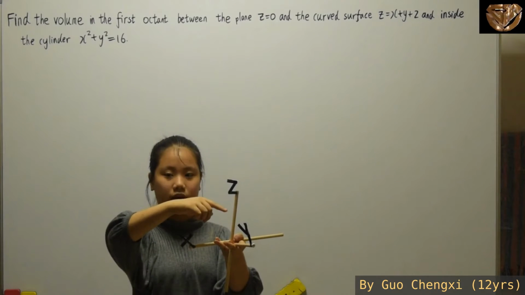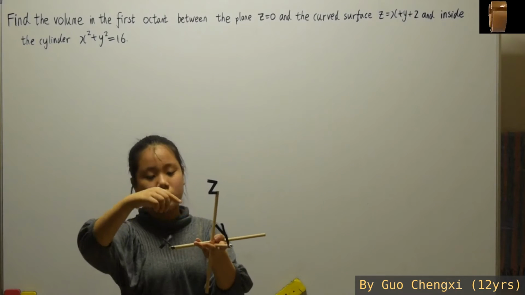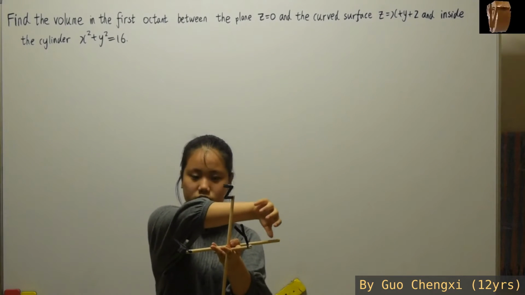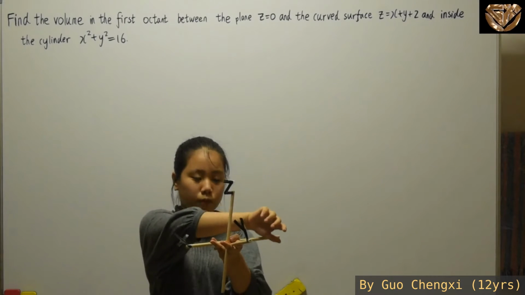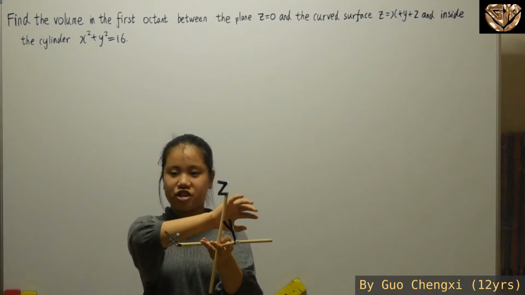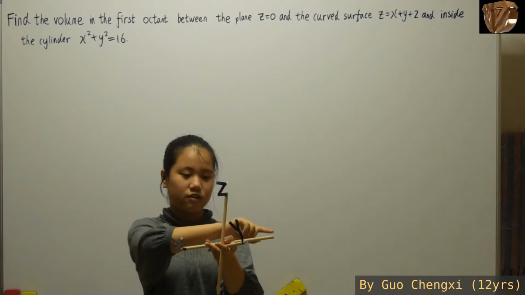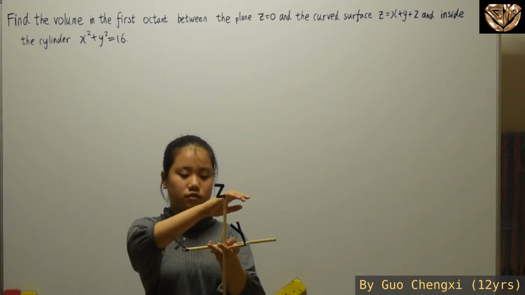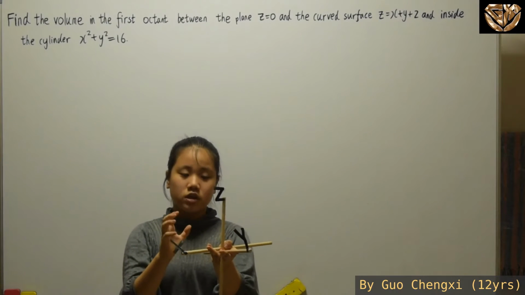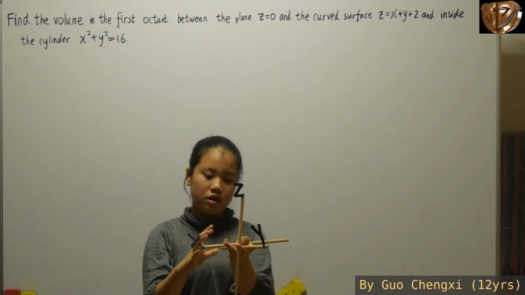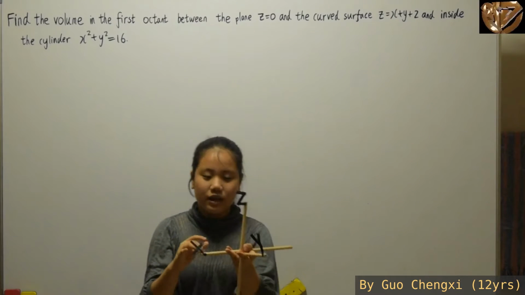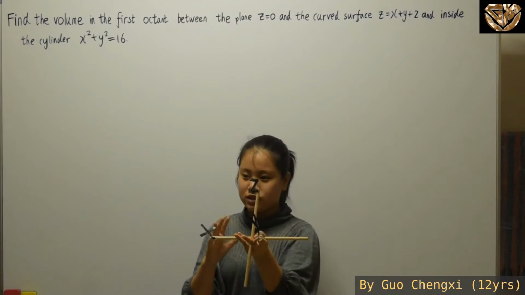Then for our second octant, it will be negative x, positive y, and positive z. The third octant is negative x, negative y, and positive z. The fourth octant is positive x, negative y, positive z.